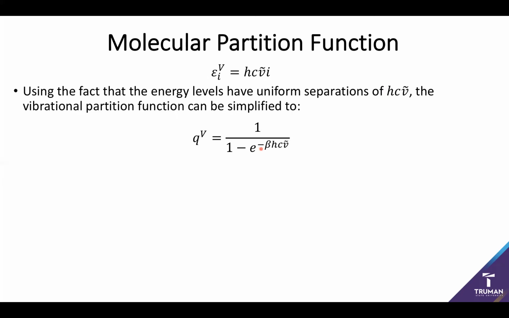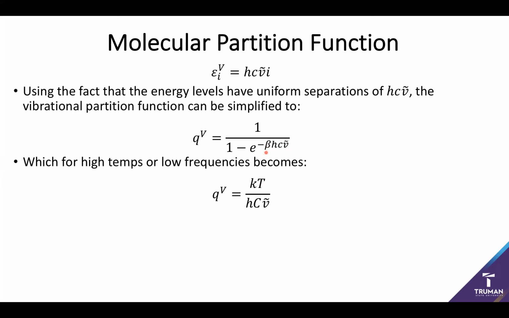One of the other useful parts of this is that if I've got very low frequencies or high temperatures, thus low beta values, the system breaks down a little bit more, and the partition function can simplify to kT over hcv, with Planck's constant times the speed of light times my characteristic vibrational frequency.